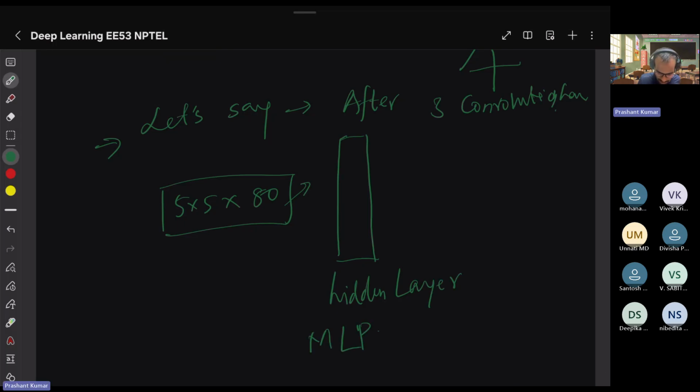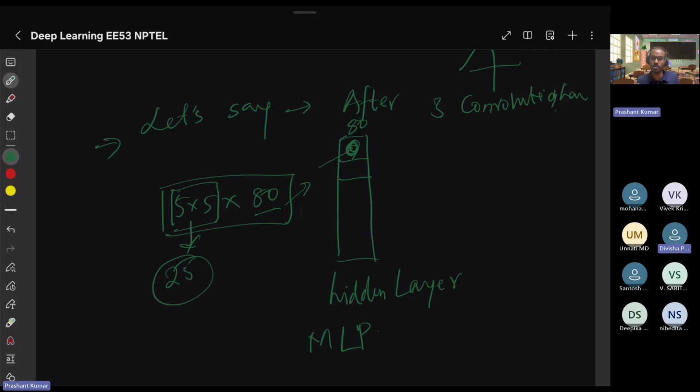That has the elements, let's say 80. Now you can say I have 80 neurons here and I have 80 elements here, and I am saying that each 5 by 5 will be passed to one of them, right? And since it has 25 elements, each neuron will have 25 inputs as well, right?